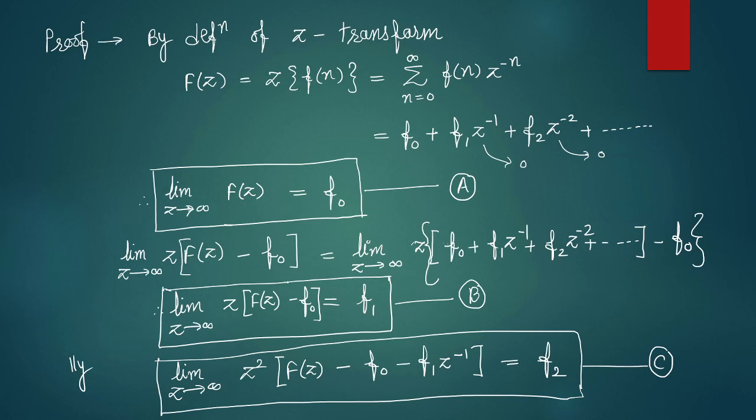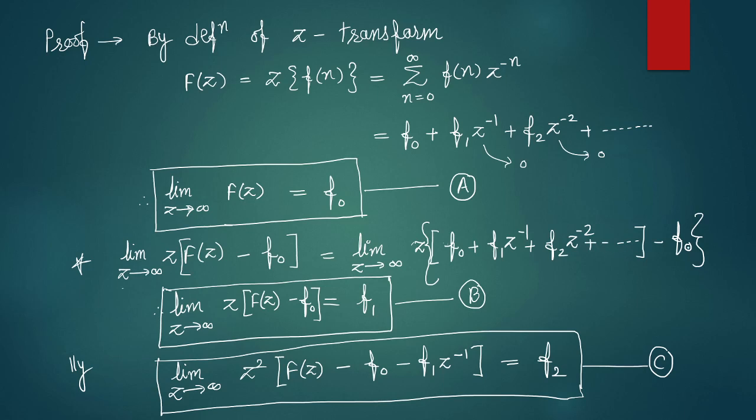Now for the second result, the f1 result, we consider limit z tends to infinity of z into capital F of z minus f naught. Limit z tends to infinity, z into, we expand the terms, capital F of z value is f naught, f1 z to the power minus 1, f2 z to the power minus 2, and so on.